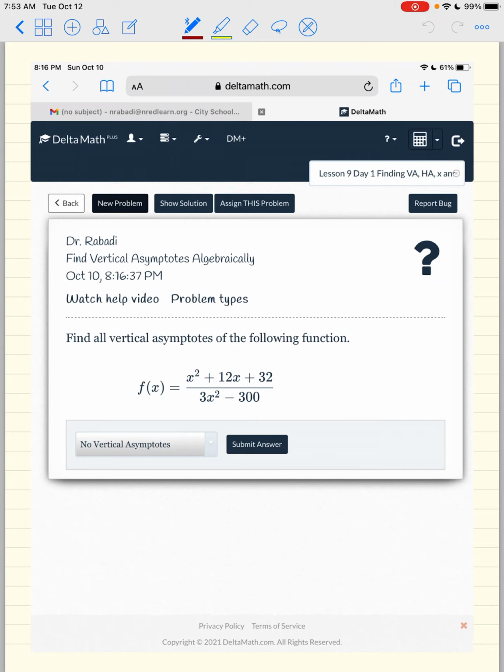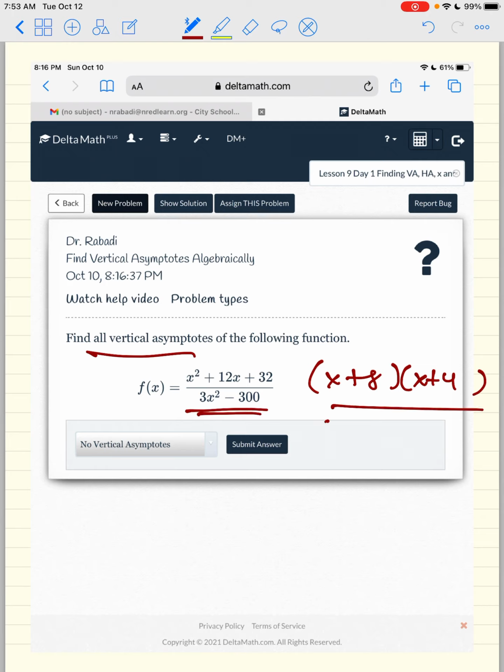What about this part here? What is the vertical asymptote? What 2 numbers give me 32 that add to 12, 8, and 4? Ask yourself, can I take out a number? Can I take out a letter? No. Let's see what we can do here now, because you should always factor x squares.